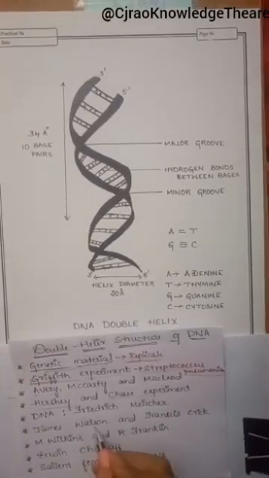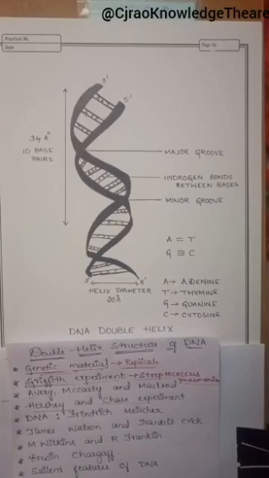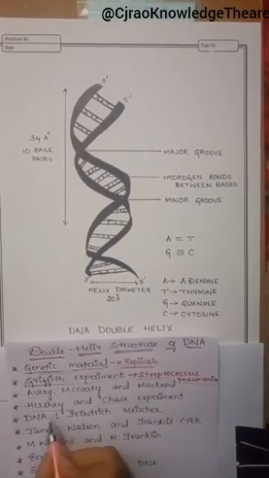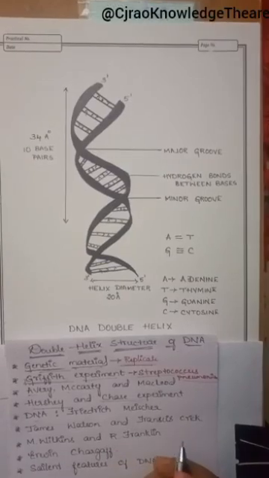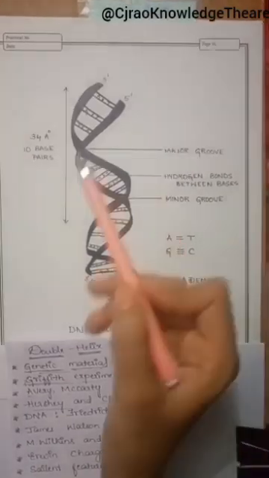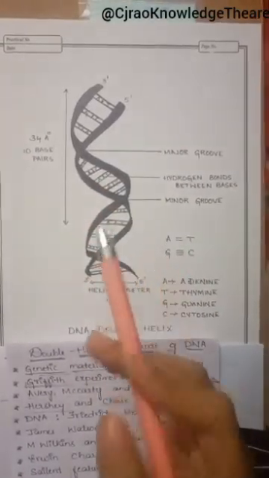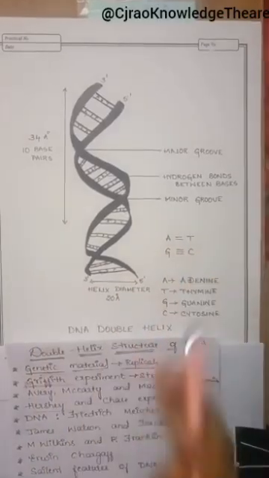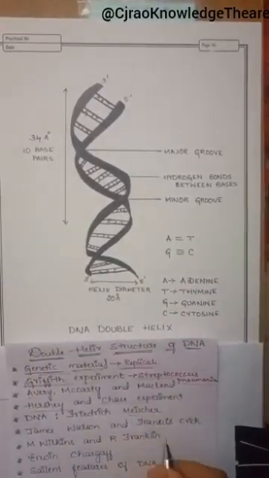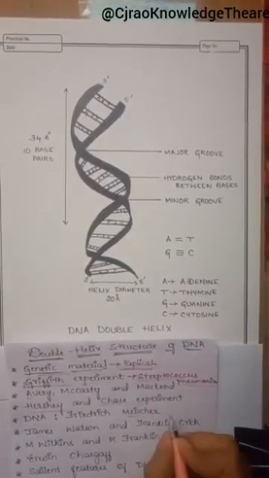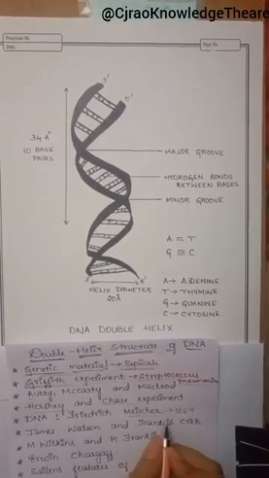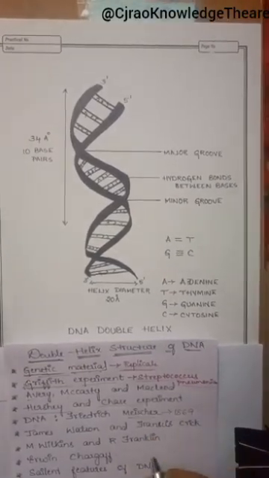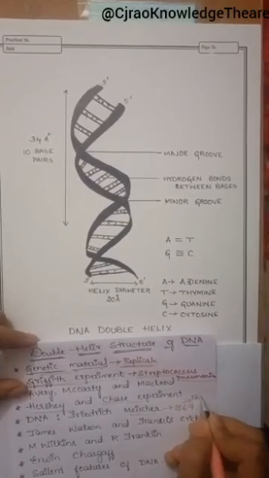Next, coming to DNA by Friedrich Miescher. DNA is an acidic substance that is present in the nucleus. It was first identified by Friedrich Miescher in 1869, and he named it nuclein.